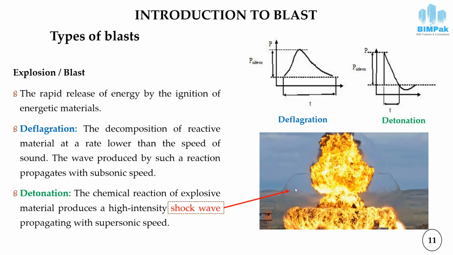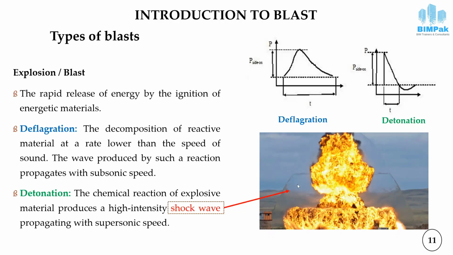This layer is basically the compression of the air by the blast. In case of a blast, the pressure is very high, due to which the air in the surroundings is converted into liquid state. So here the shock wave can easily be seen.